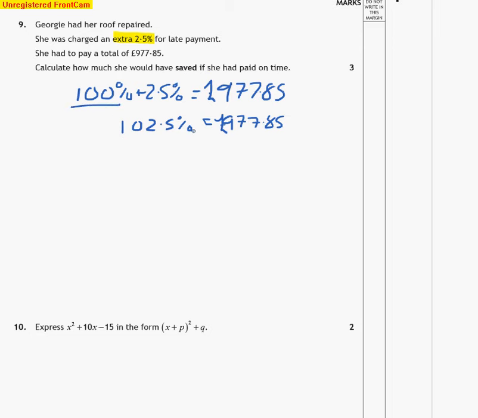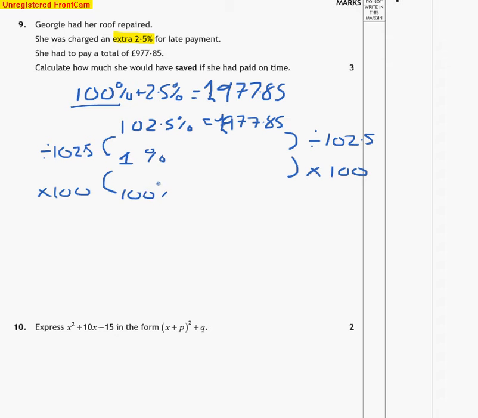To get back to 100, we've got to divide both sides by 102.5, and then times it by 100. We do the same on both sides. Dividing by 102.5 gives us 1%, then times by 100 gives us 100%. We're finding 1%, finding 100%.